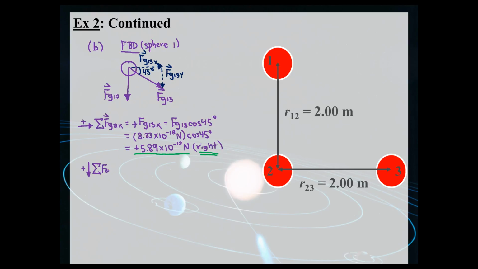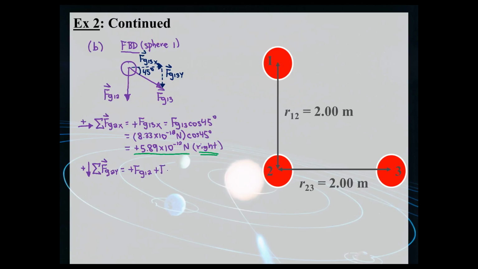Okay, let's find the net gravitational force acting on 2 in the y direction. If down is positive, so we actually do have a sum of forces now. So FG 1,2 points down, therefore it's positive FG 1,2. And the y component of FG 1,3 points down.